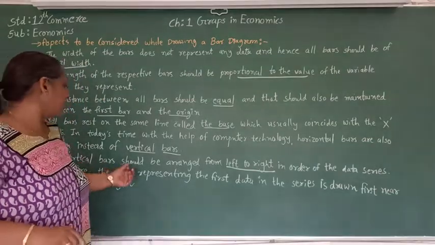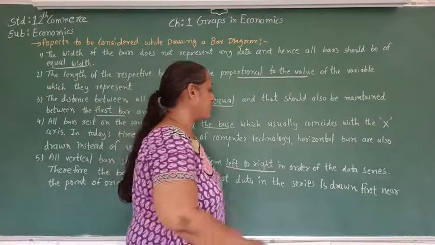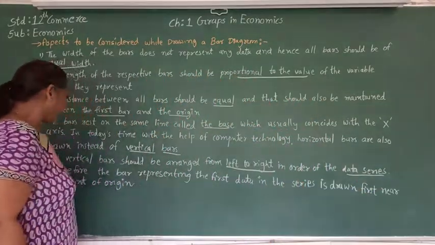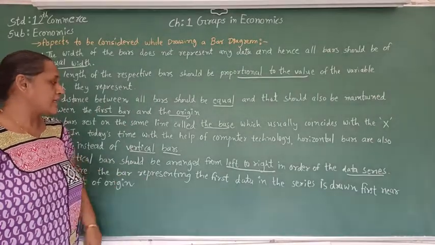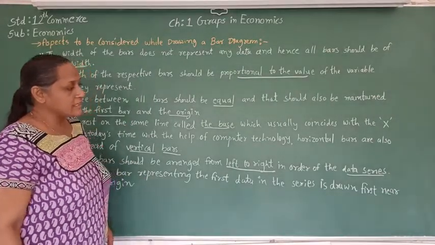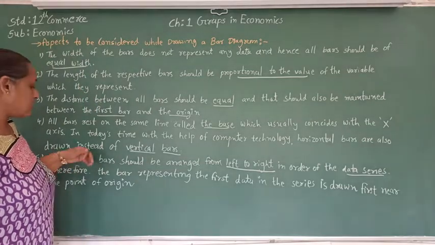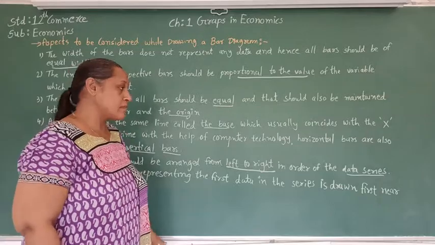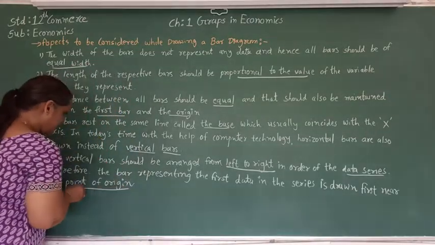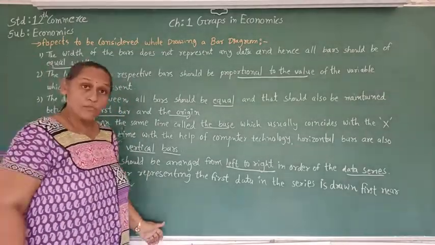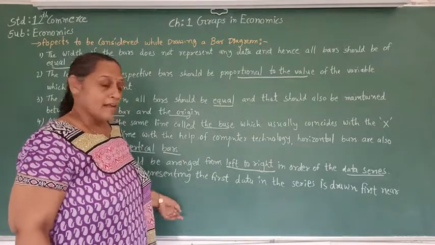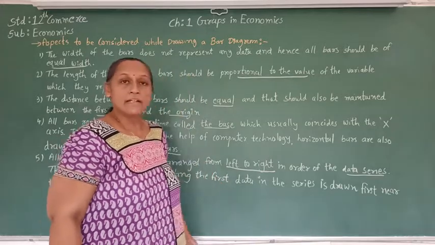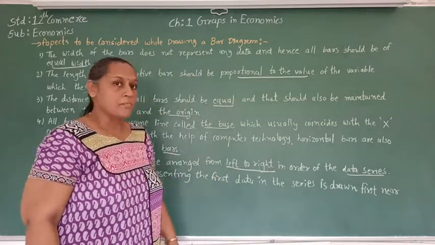All the vertical bars should be arranged from left to right in the order of the data series, and therefore the bar representing the first data in the series is drawn first, nearest to the origin point. From the origin point we start our bar, and from left to right we take all the data in the data series and draw the bar diagram.